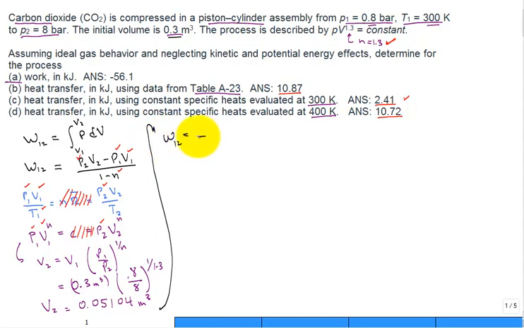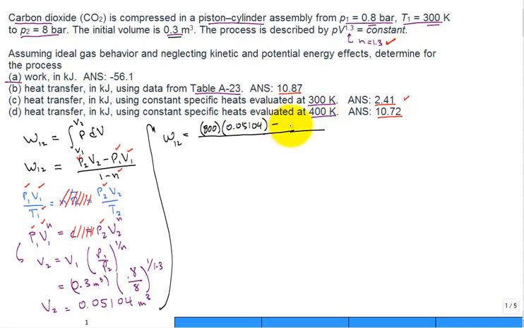W from 1 to 2 is equal to... Now we're going to put our pressure in units of kilopascal and volume in meter cubed, and that will work out nicely to kilojoules. So the pressure at P2 is 800 kilopascal, times our final volume, 0.05104 meter cubed. That will become units of kilojoule.